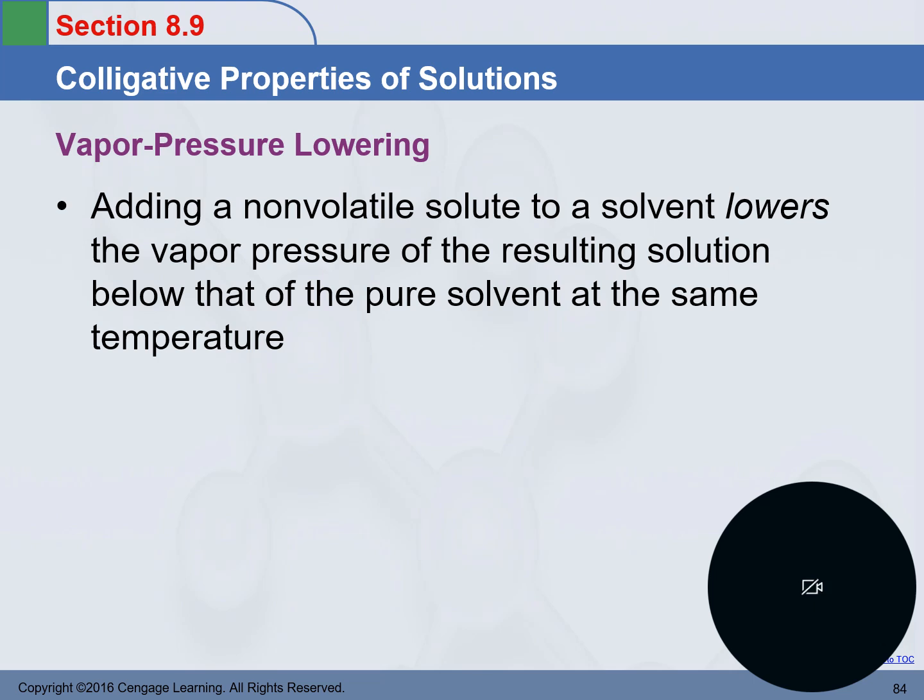So lowering the vapor pressure is something that can be done by adding non-volatile solutes to the solvent, and it's going to lower vapor pressure of the resulting solution below that of the pure solvent. If we take a look at the next slide, it does a good job of showing us why that happens.